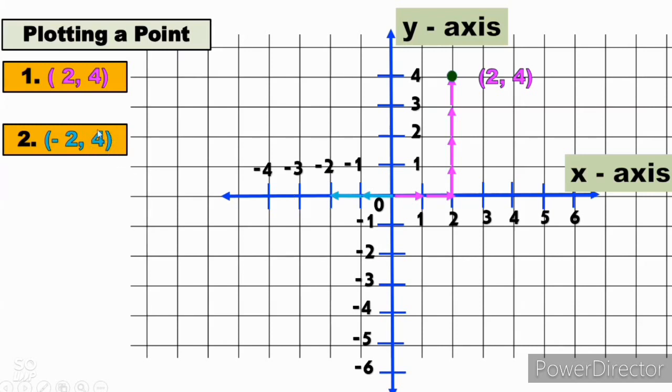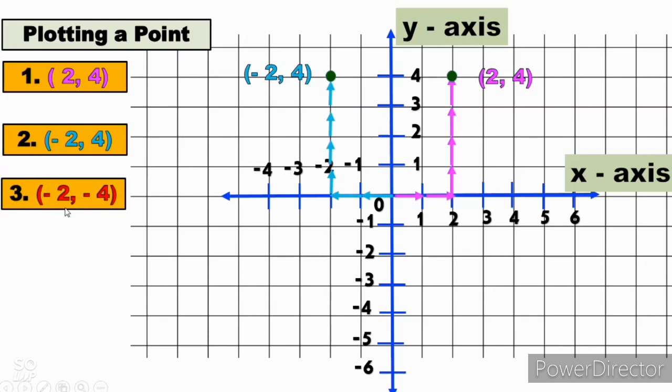Okay, and then 4, ang y-coordinate natin is positive 4. So, therefore, mula dun sa end na arrow natin, magka-count tayo ng 4 units going up. 1, 2, 3, 4. And then, saka natin lalagyan ng point. So, that is negative 2, positive 4.